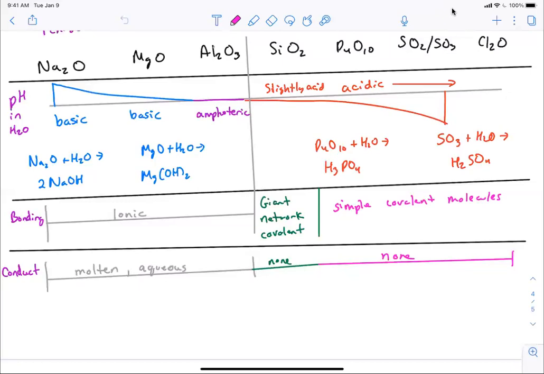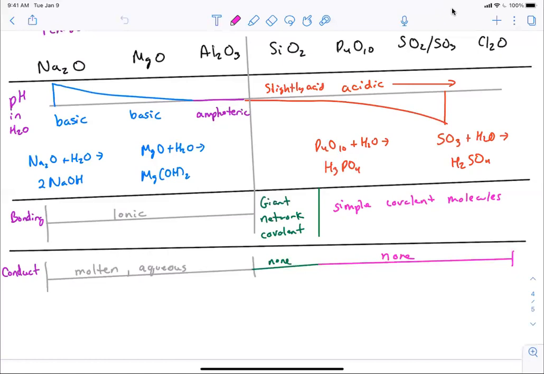Amphiprotic means you can donate or accept a hydrogen in water. Amphoteric means you can act as an acid or a base, but it doesn't necessarily have to be with water. So like Al2O3 doesn't produce a pH change in water, and SiO2 generally doesn't either.